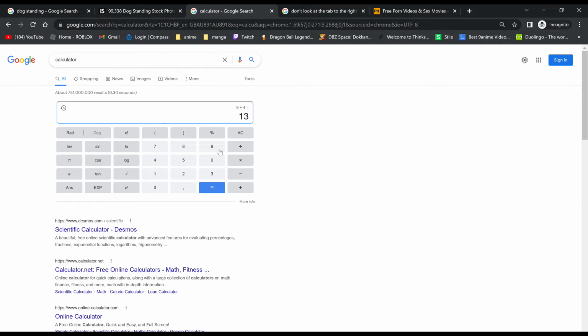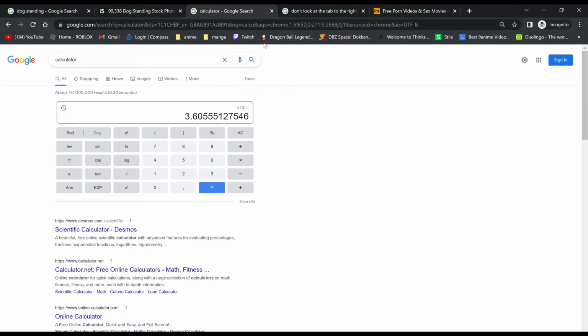Equals 13. We want to do the square root of this, because that is c squared. We want c, so we go square root, equals error. Square root of 13 and bracket equals 3.60.